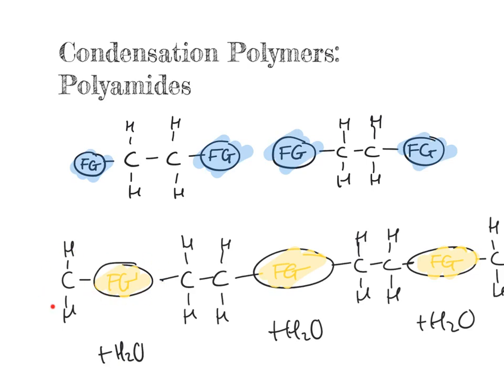So here we've got the end of one molecule, new big functional group, the second molecule here, new big functional group, the third molecule here, and they all join in a chain. And every time these two functional groups join together to give you a linked functional group, we release a molecule of water. So if I show you a specific example, which is a polyamide, it'll probably make more sense showing you the actual functional groups that are in place in those molecules.